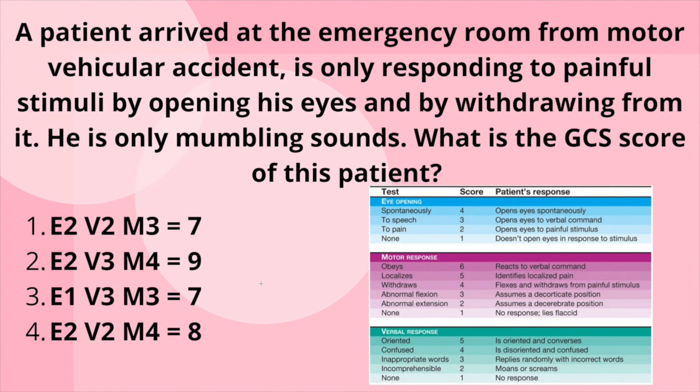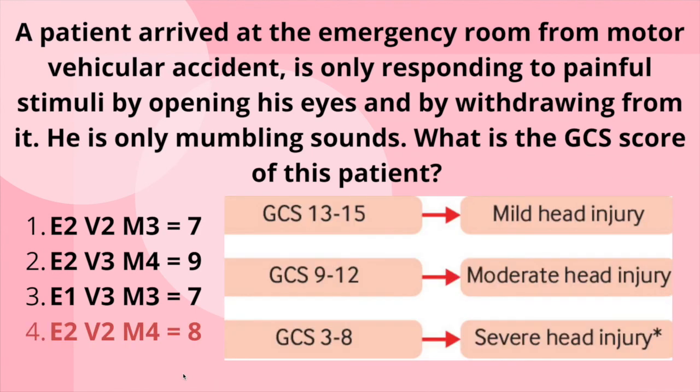So motor response 4. So we will eliminate 1. So we only have 2 and 4. For the verbal response, he is only mumbling sounds. So it means moans or screams that would be incomprehensible. So that would be 2. So the answer is eye response 2, verbal response 2, motor response 4, with a total GCS of 8, which is a severe head injury.